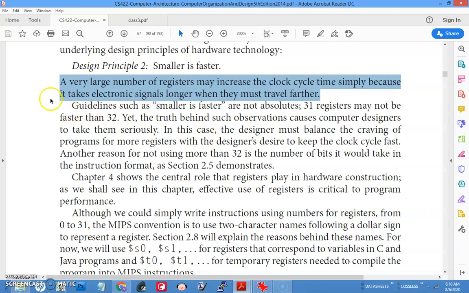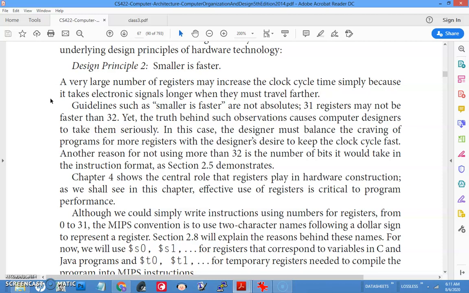So these are guidelines which are not absolute. Let's say 32-bit instructions and 32 registers are there. It need not be faster than a system with 31 registers. So these are not absolutes. If you shift to 31 you still need 5 bits, so there is no significant improvement.